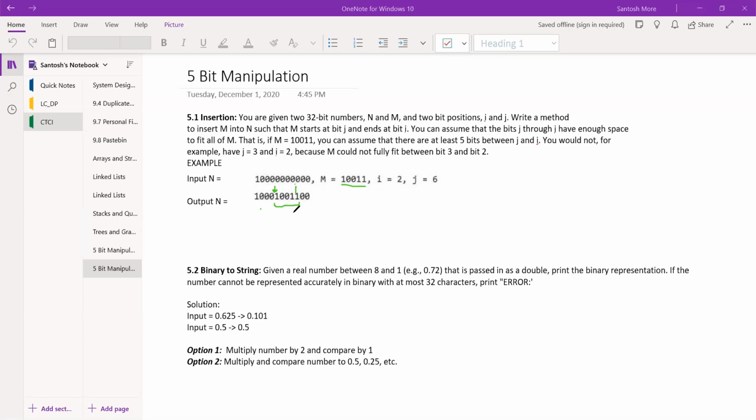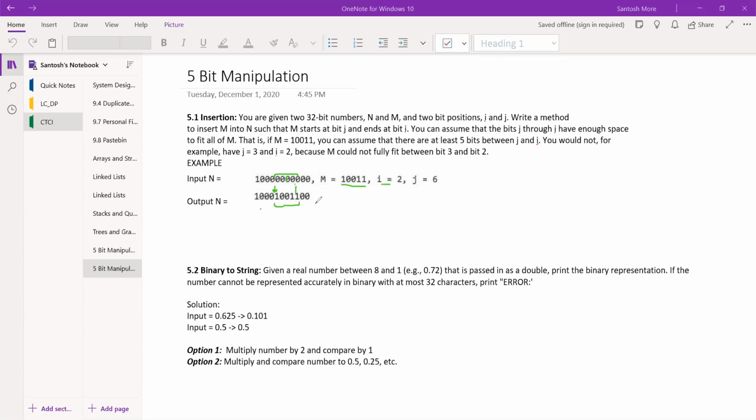For inserting, what I would think is, first we will have to clear this location in case there were any numbers there. If there were any other ones over here, we just want to clear them first, then take the value of m and push it to the left by I, and then just OR it.